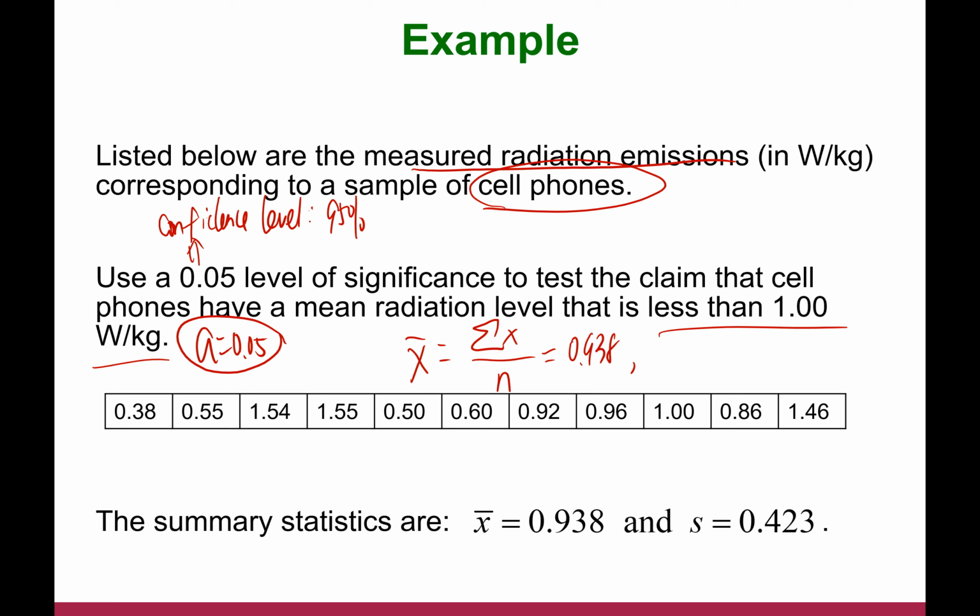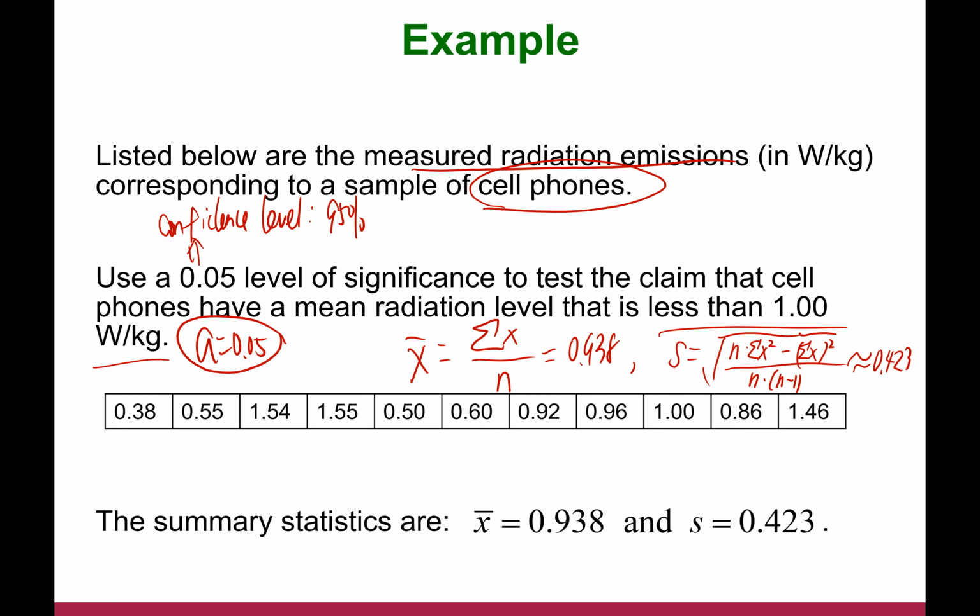And the standard deviation, using the standard deviation formula, square root of n times summation of x squared minus summation of x, squared, divided by n times n minus 1, is approximately 0.423. This is exactly what you learned in chapter 3, how to calculate the mean and standard deviation.